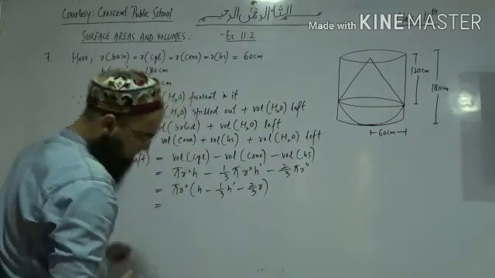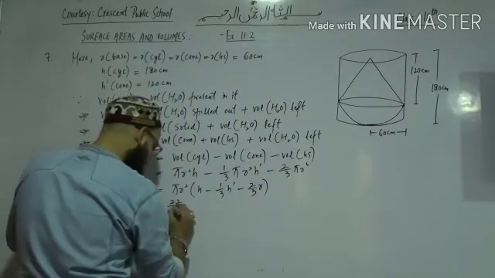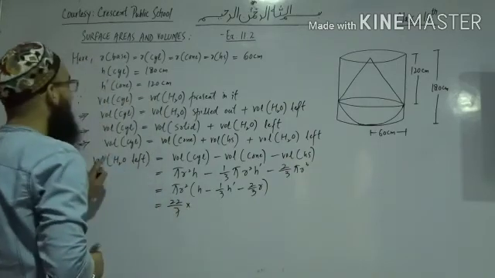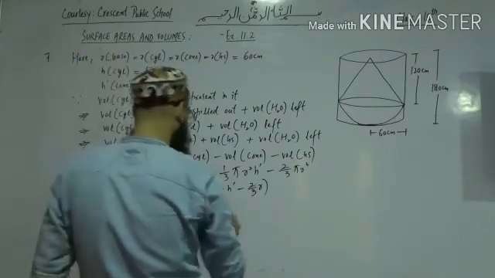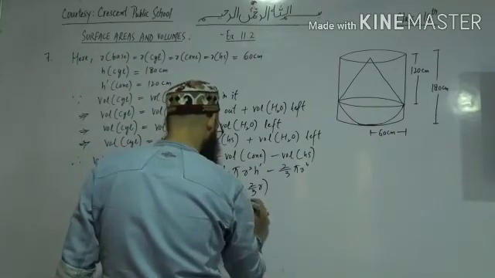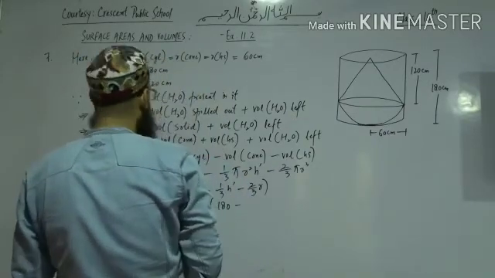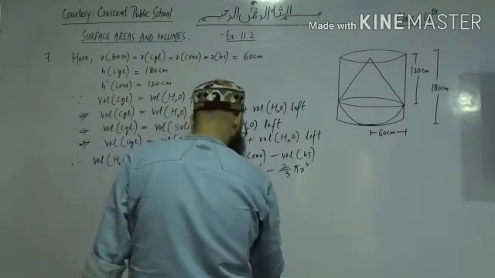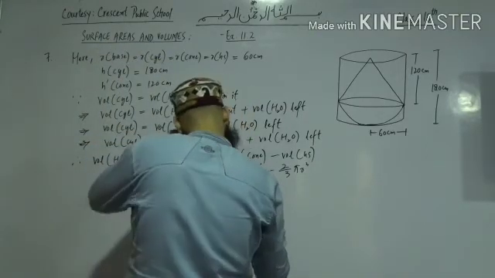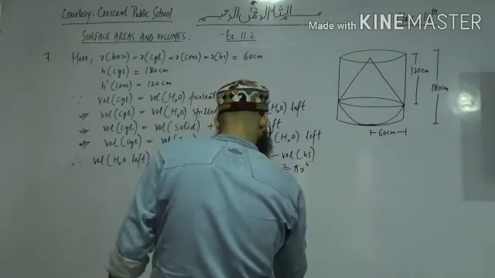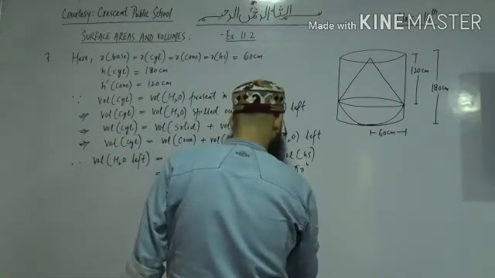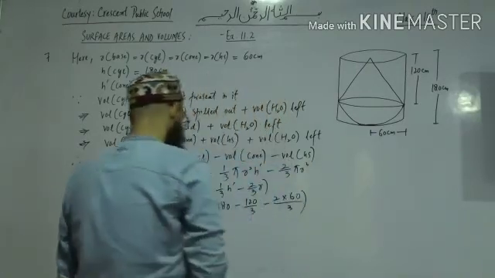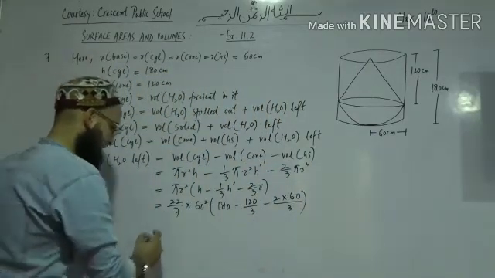Then you can put pi 22 by 7 times, radius is 60 squared, h is 180, minus h dash is 120 by 3, minus 2 times r is 60 by 3. So it goes like this.